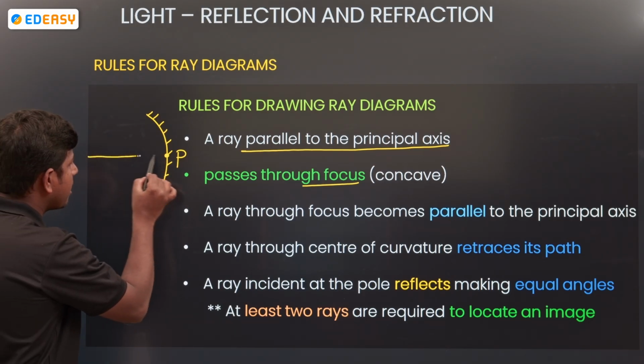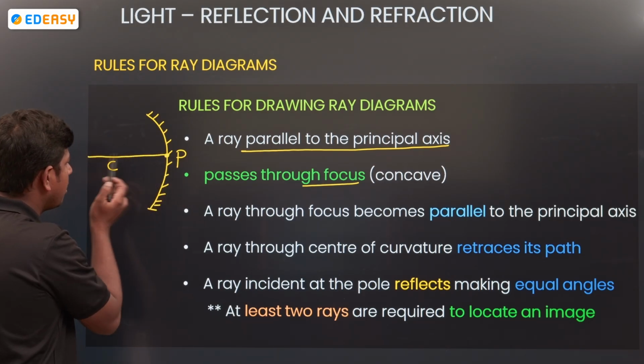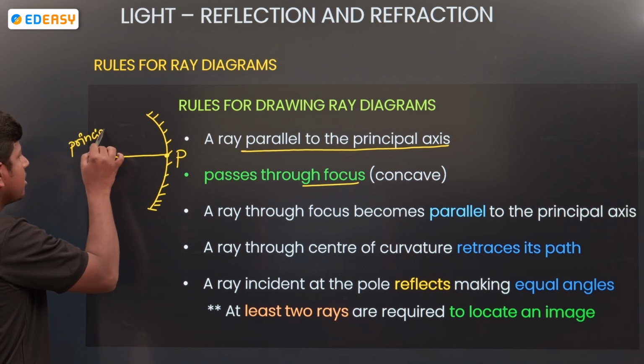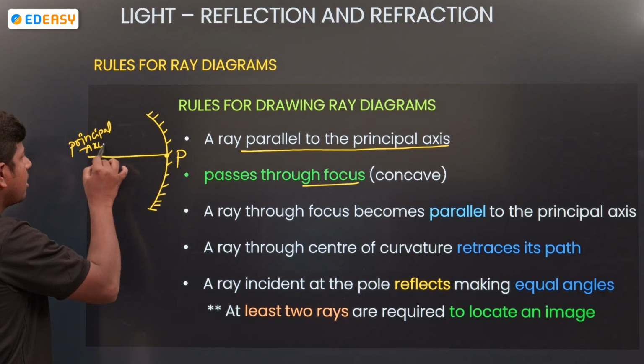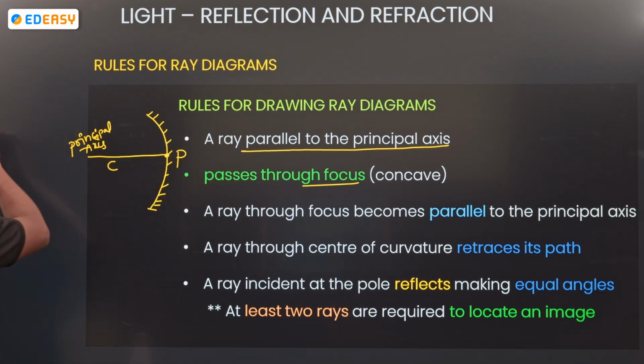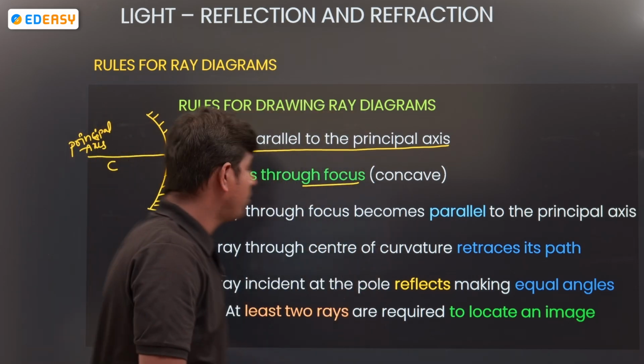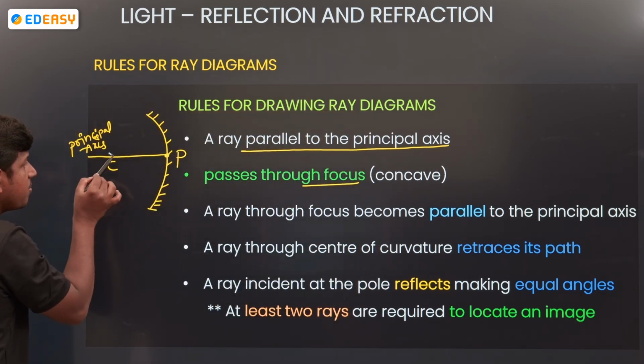If a light ray passes through the center of curvature and the pole, what we call it is the principal axis. Now coming to the point, a ray parallel to the principal axis. This is the principal axis.